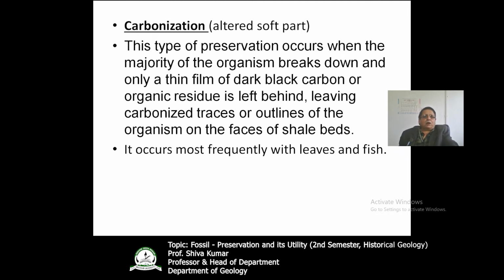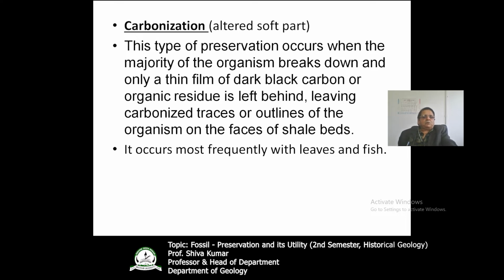Carbonization, altered soft parts. The soft parts of leaves or organisms are carbonized, meaning changed into carbon. This type of preservation occurs when the majority of the organism breaks down and only a thin film of dark black carbon or organic residue is left behind, leaving carbonized traces or outlines of the organisms on the faces of shale beds.